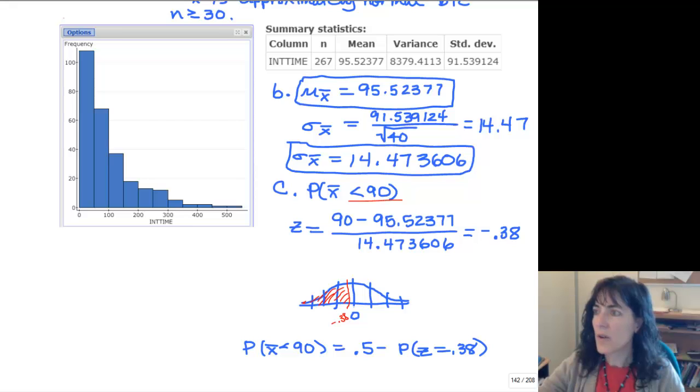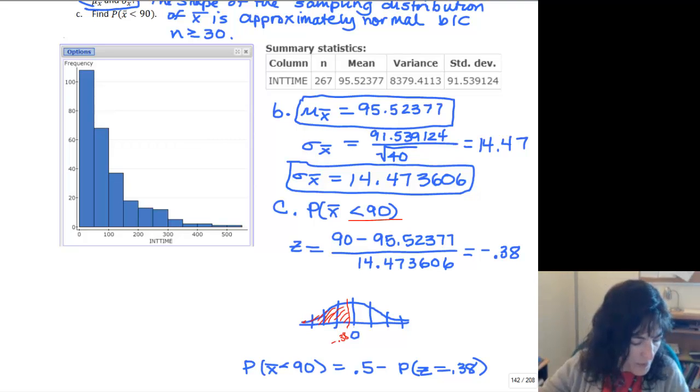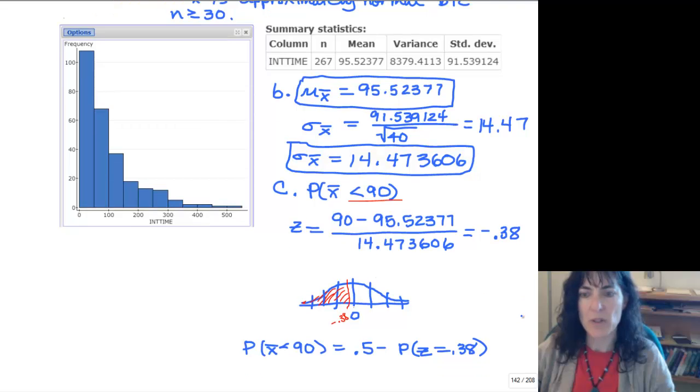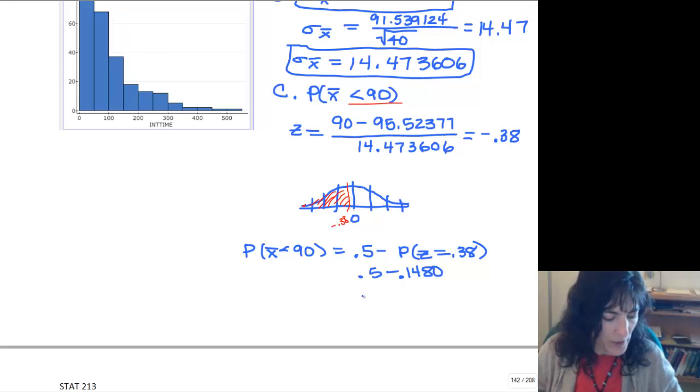And 0, 1, 2, 3, so 0.1480. Okay, so I get 0.1480 on my table lookup. So I have 0.5 minus that 0.1480, which gives me 0.3520 for the probability that x bar is less than 90.